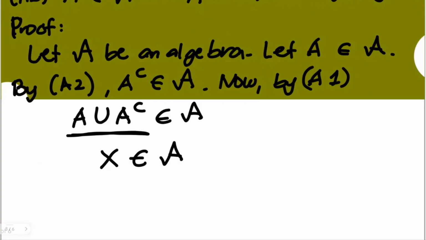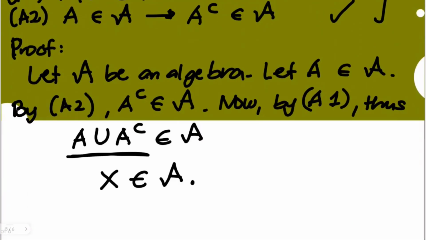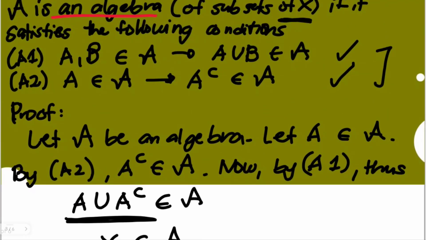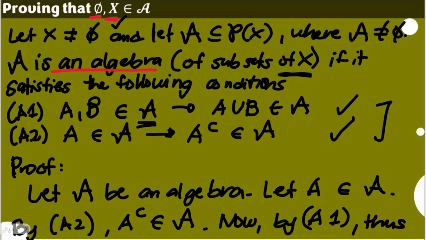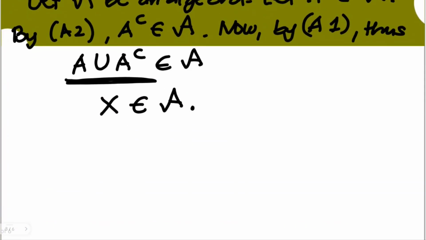Thus, we have this already identified. Again, A and its complement are elements of script A, which is an algebra of subsets of X, so their combination is X itself.